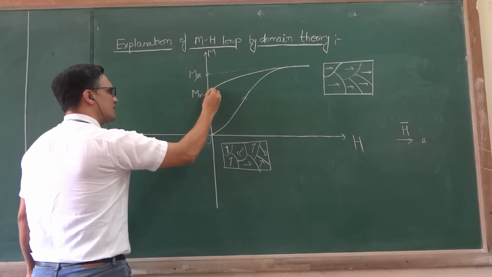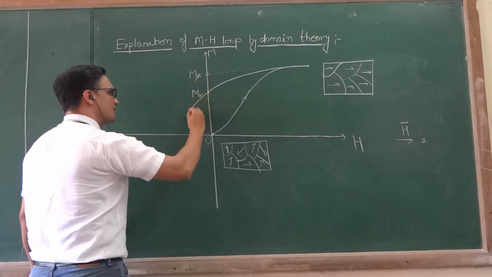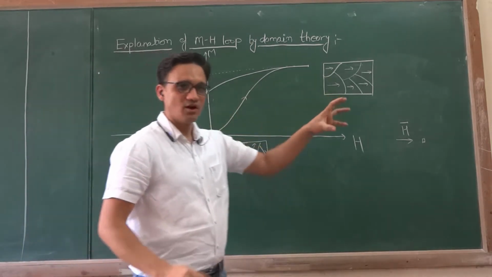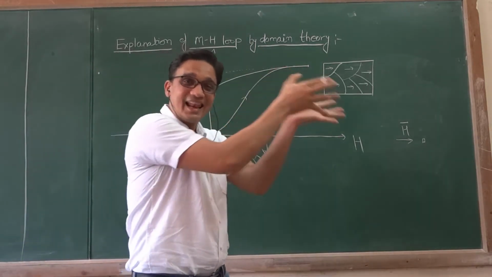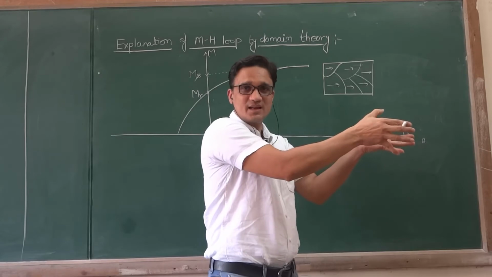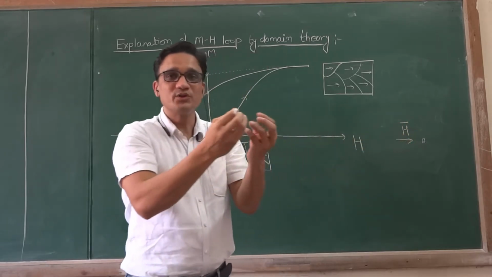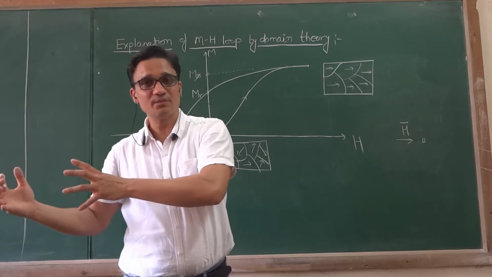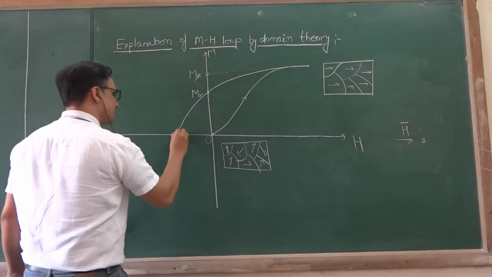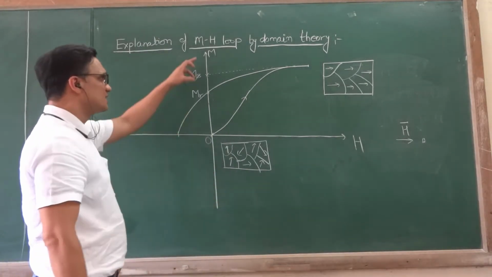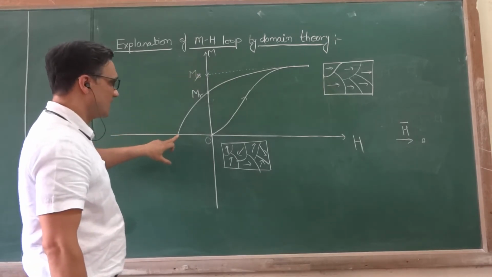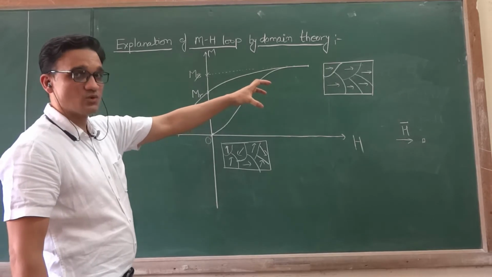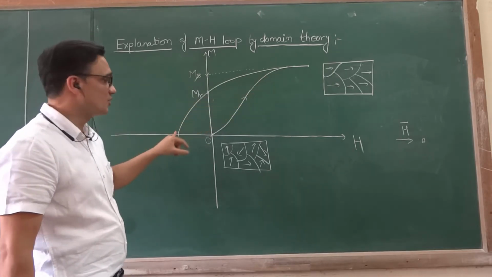After a certain value of the magnetic field, all the domains which are still aligned in the direction of the earlier external magnetic field are going to realign, or adjust themselves, so that the retained magnetization becomes zero. At this point, all the magnetization in the specimen which was retained becomes zero.